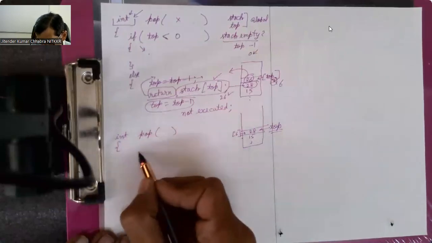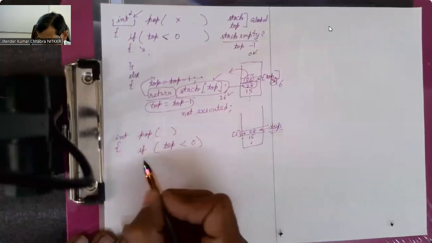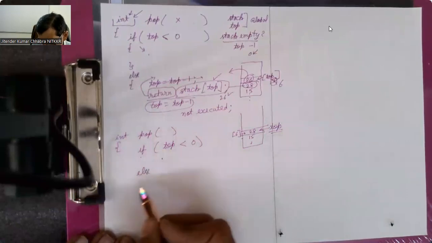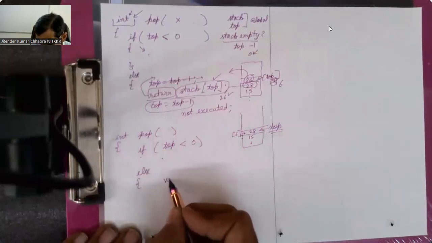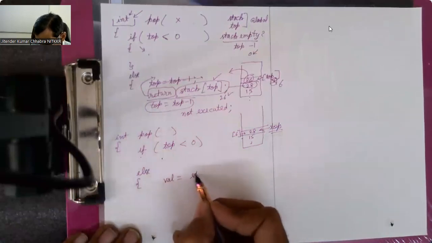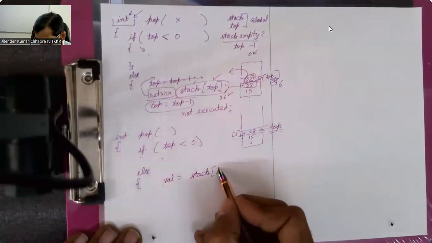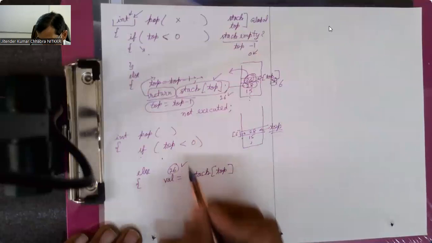So how to do that? I will say if top less than 0, of course, I will have something here. Else, I will take a temporary variable val and store there this 26, whichever was. So currently top is at 7. This val gets 26 stored.